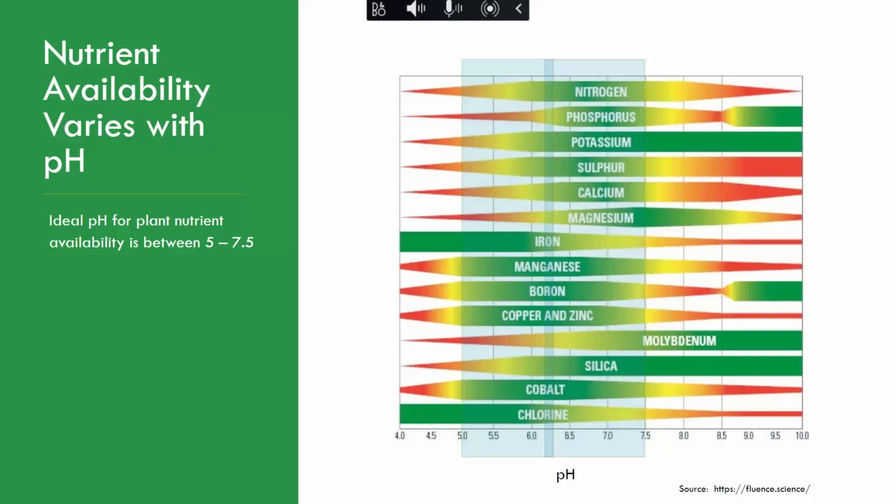And you can kind of see the areas that are bright green are where they're most available. The sweet spot here is between 5 and 7.5, with somewhere around 6.3, let's say, being where you have most of these nutrients being relatively easily uptaken by the plant.